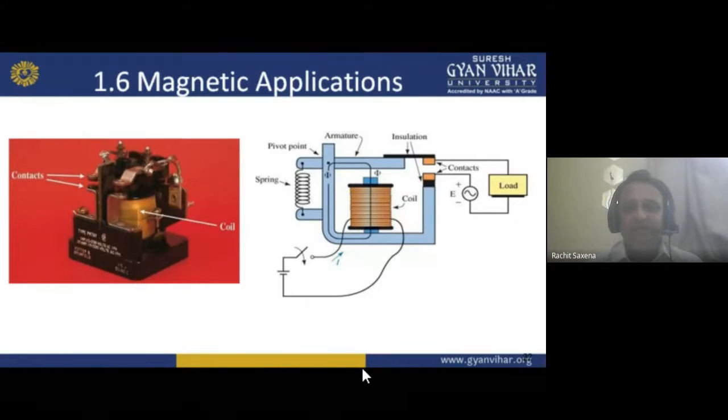So in this circuit, we have the spring. This is the power point, the connection is there. Here is your coil. If I give the current, an electromagnet occurs, flux occurs. It is in a moving nature. This is your armature, the working part. Insulation. These are the contacts and these are the load.